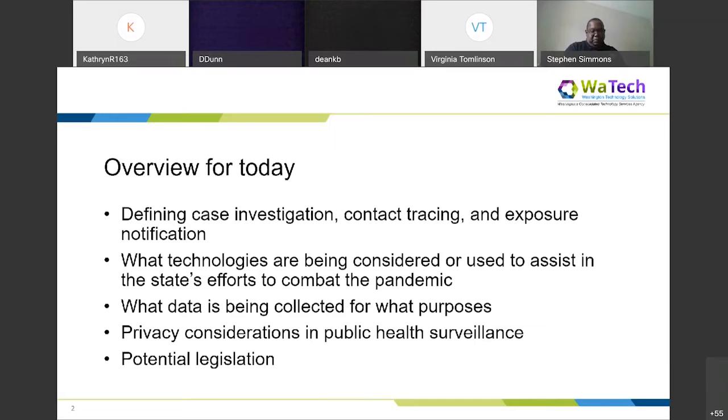And then what information is collected for what purposes, some privacy considerations regarding public health surveillance, and then I'll wrap it up with legislation that's looking at legislating some of these areas, especially in data collection and apps.